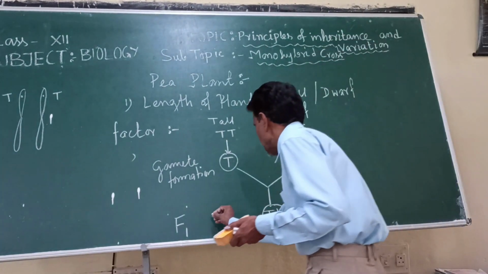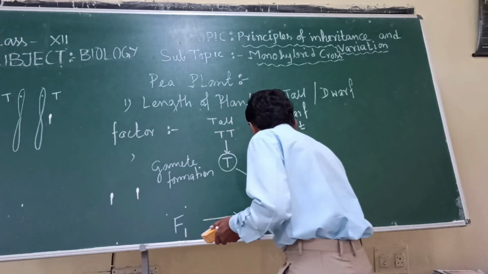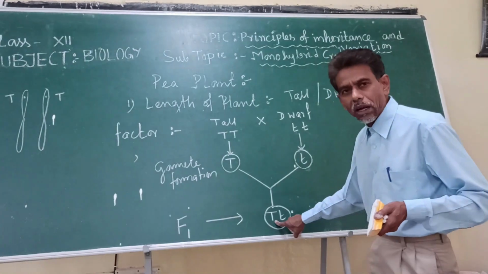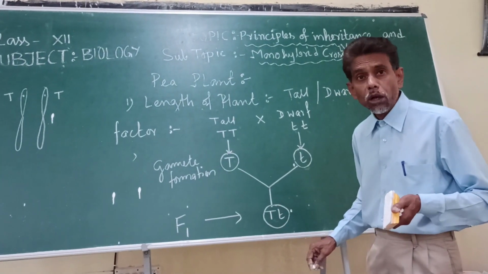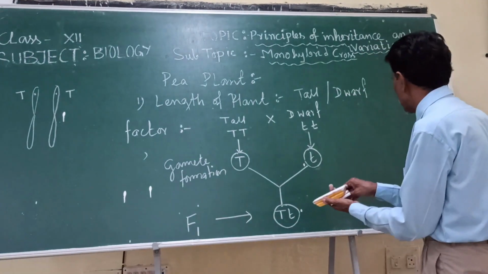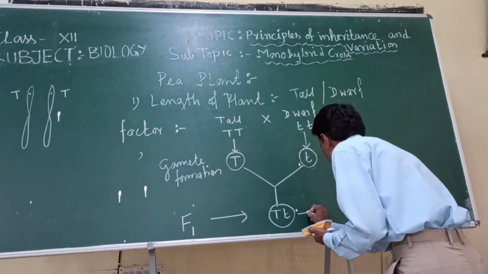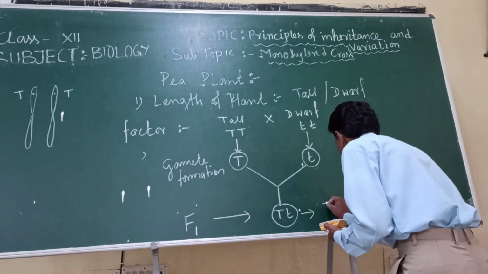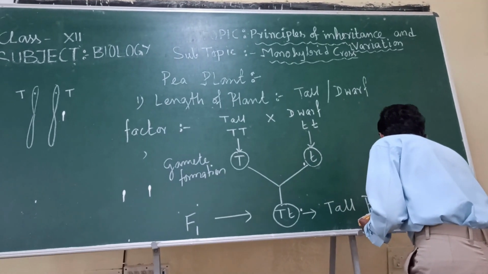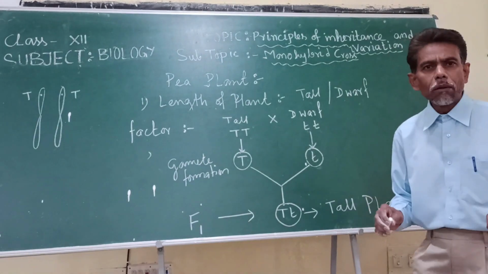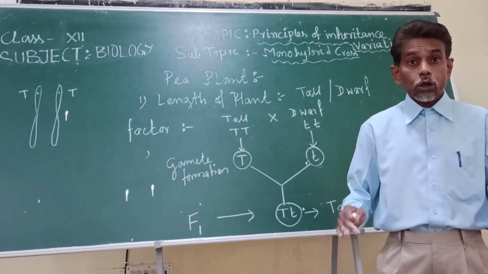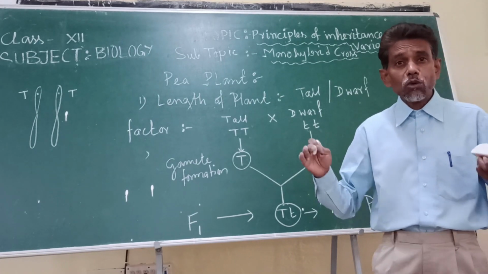So in the F1 generation, the resultant progeny are all capital T, small t. So what will be the phenotype? The phenotype is tall plant. What is phenotype? Phenotype means the observable character which by observation we can see.